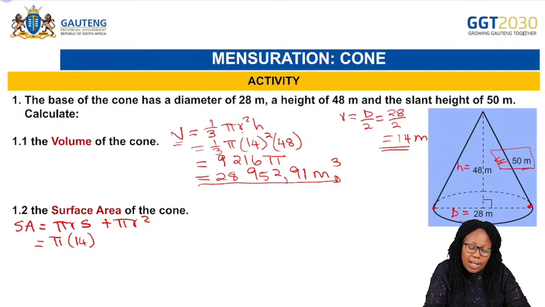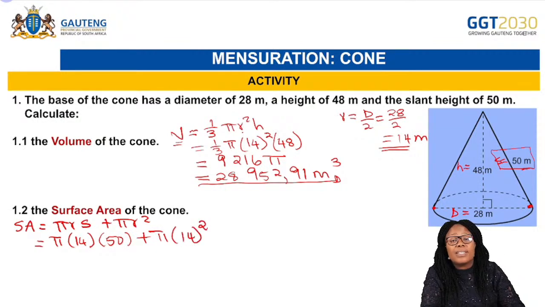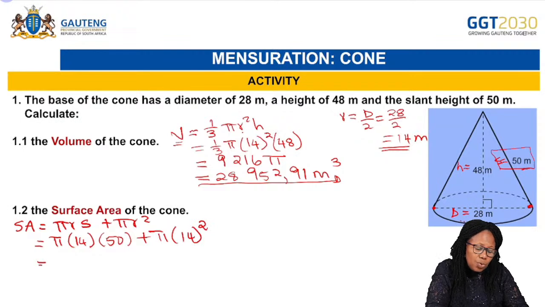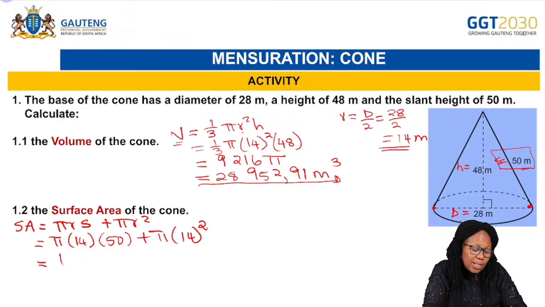And then our slant height is 50 plus the pi. What is the radius? 14. And then this particular radius is now squared. And then into our calculator, straight to the answer. And then this will give us the surface area, which is 1776 pi in terms of pi.